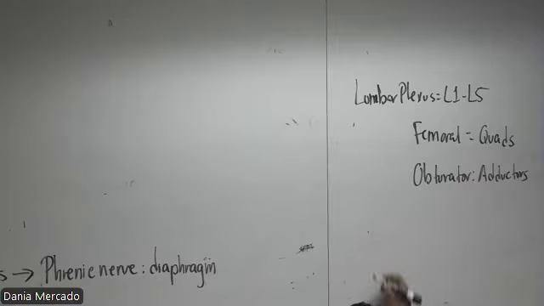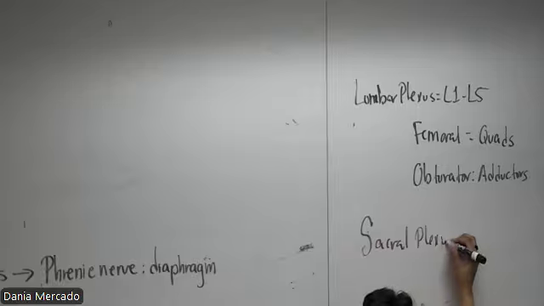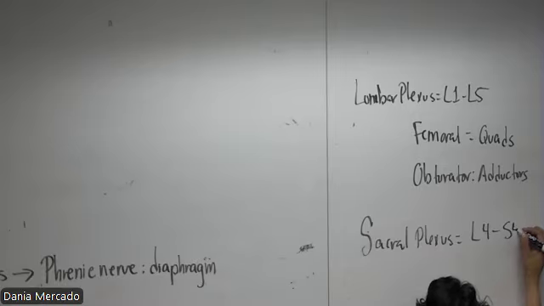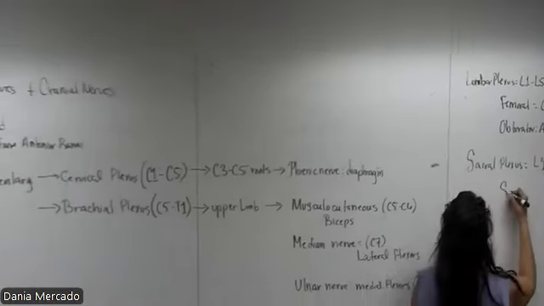Okay? And then lastly, sacral plexus. Sacral plexus includes a little bit of that lumbar trunk, L4, 5 to S4, depending on which book you read. And the main nerve out of that one is your sciatic.